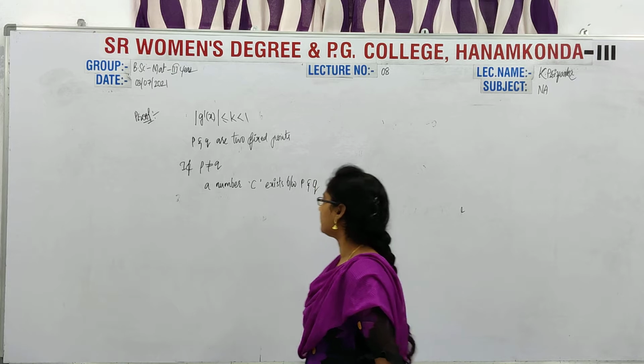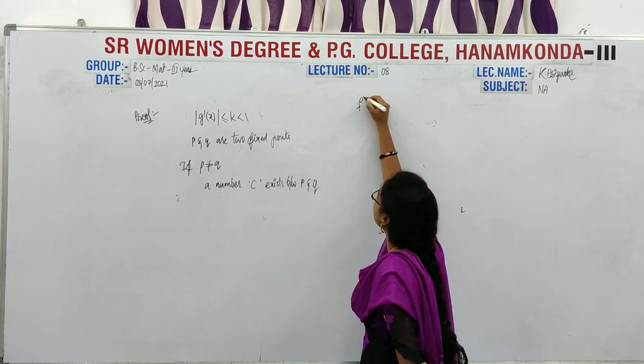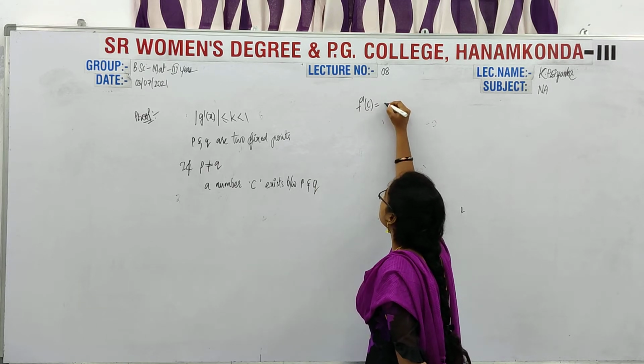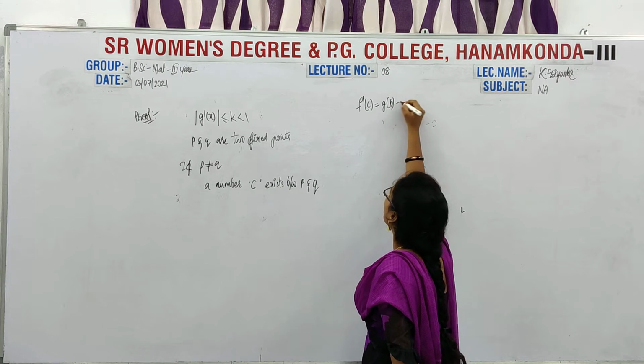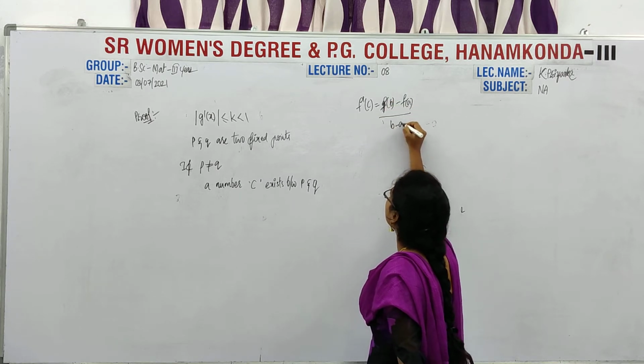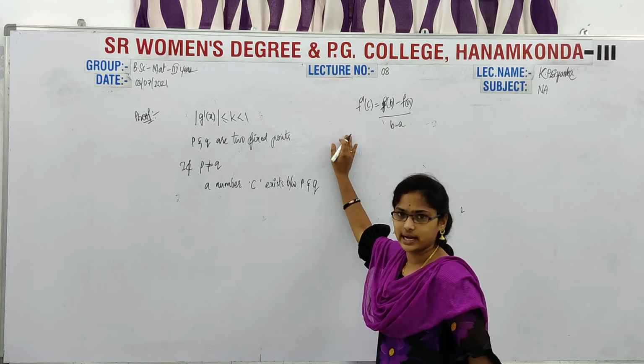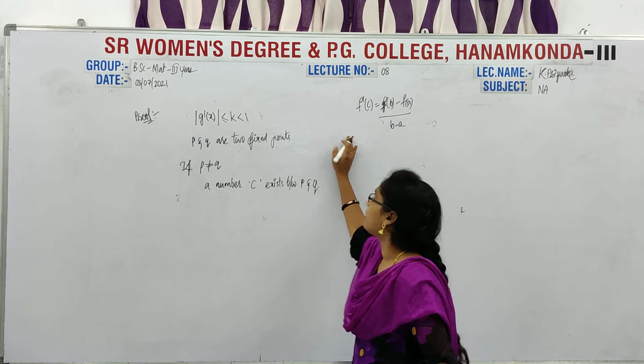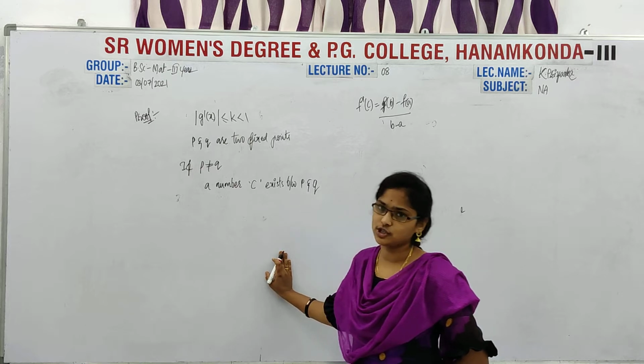generally by using Lagrange's theorem we have that the result is f dash of c is equal to f of b minus f of a by b minus a. This is nothing but the result of Lagrange's mean value theorem. Now I am applying this for the function g.